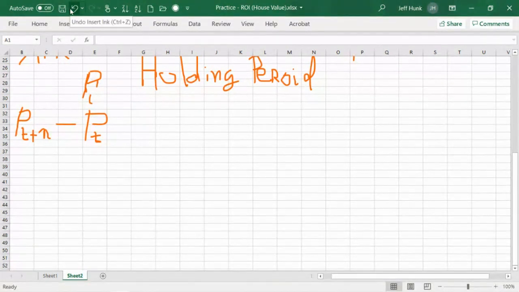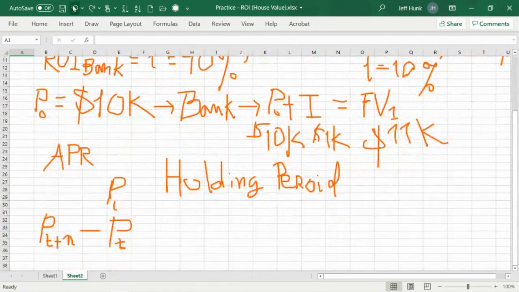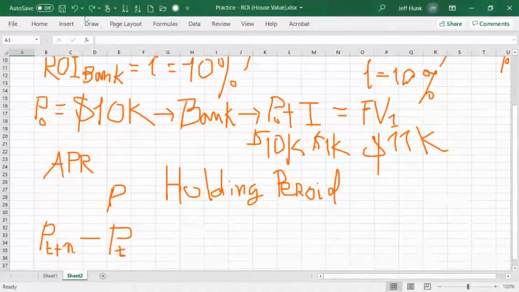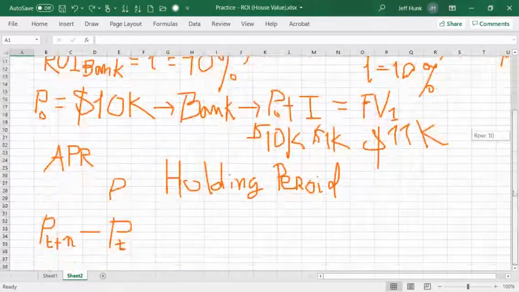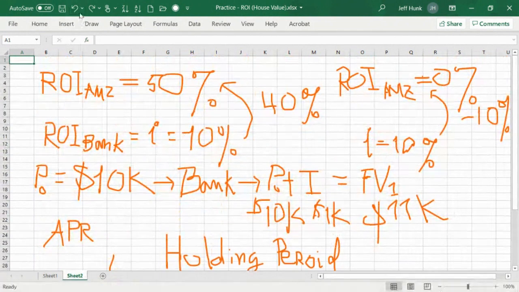Because you paid $100 and you bought 100 shares. So the total value of your investment is exactly 10K.